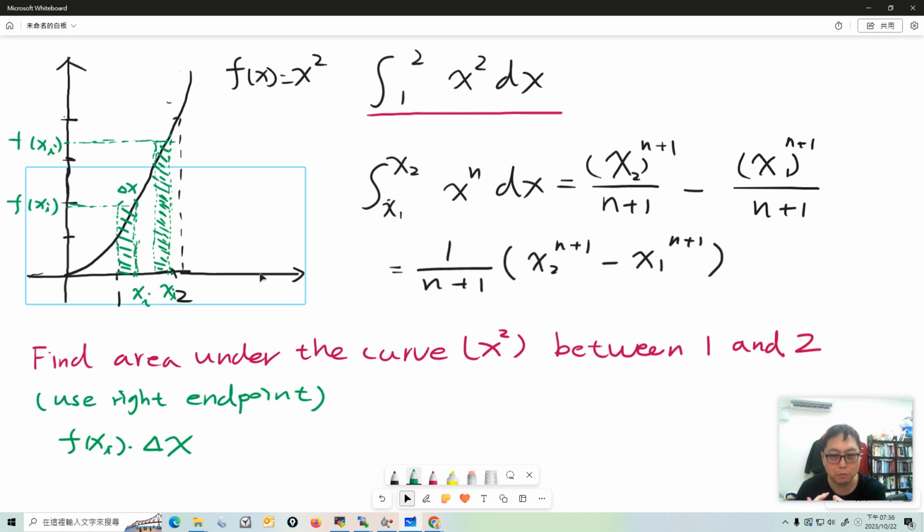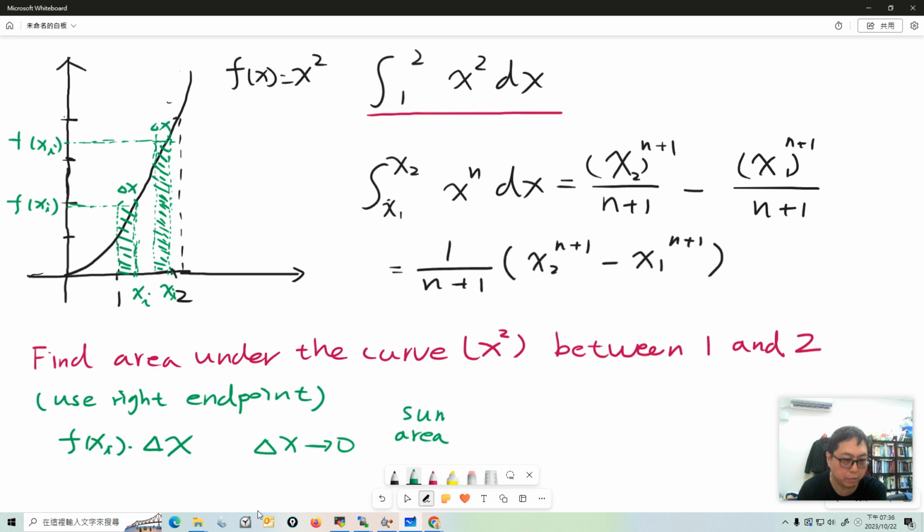That's the beauty of integration. If your delta x is very small, the sum of these areas will equal the area under the curve.